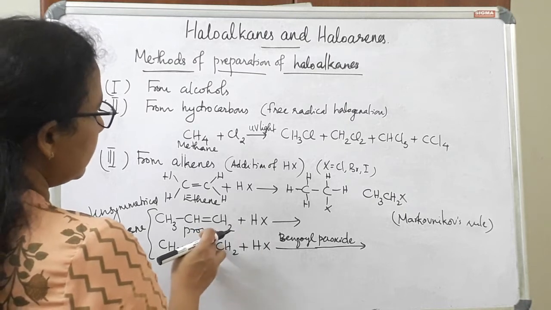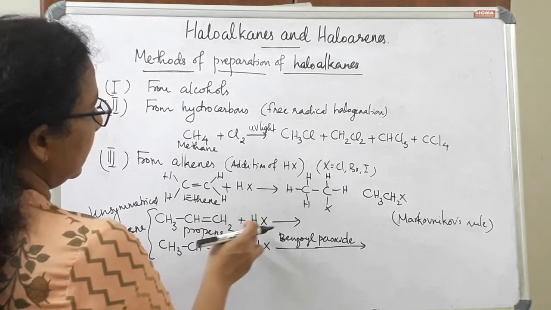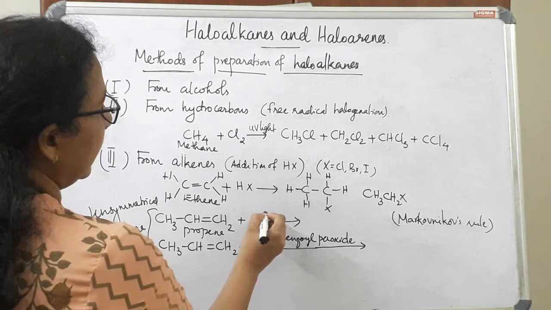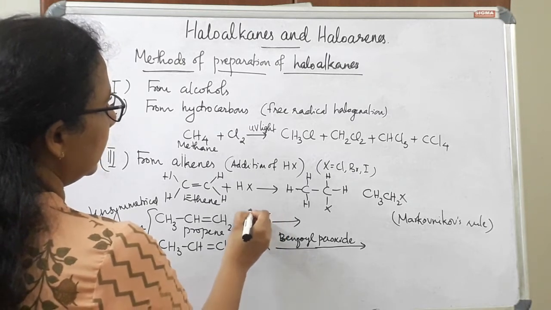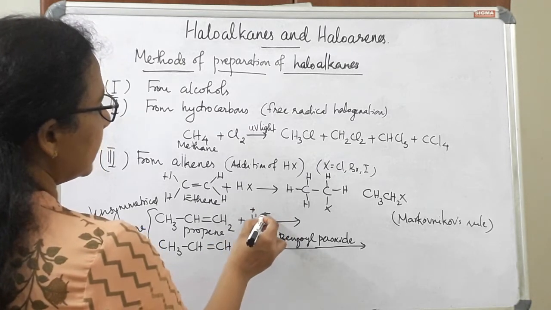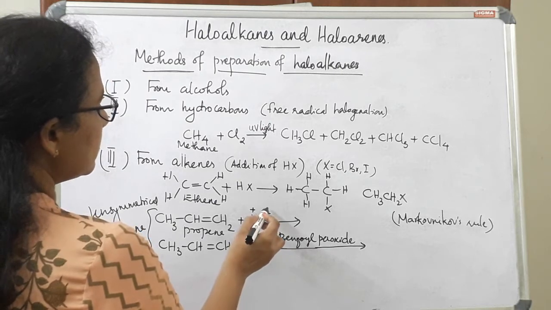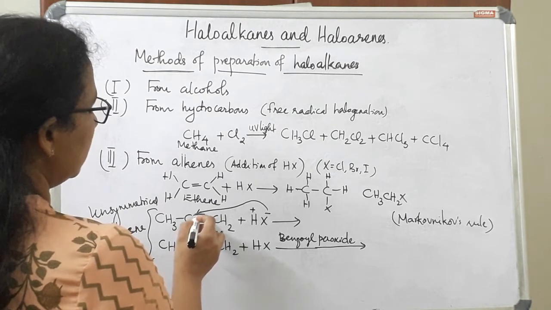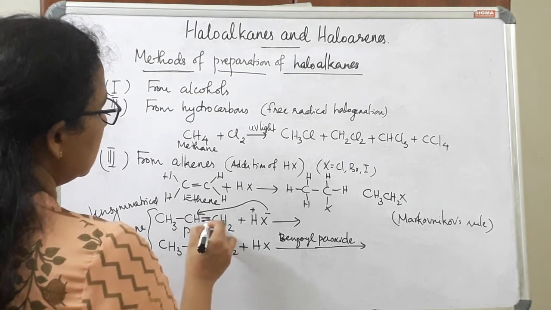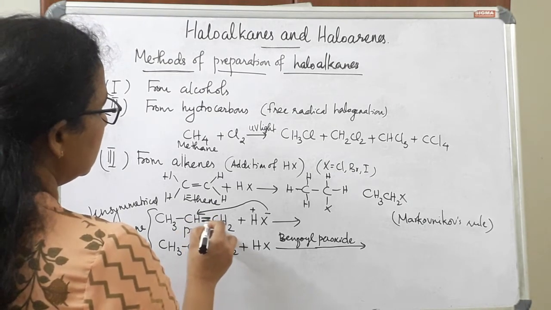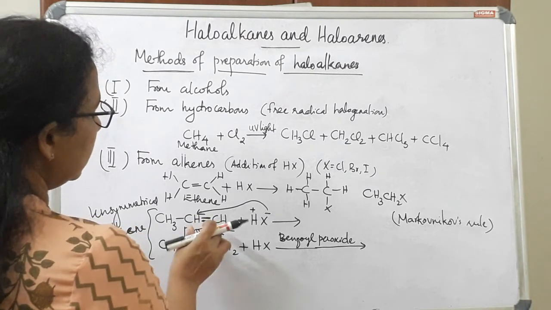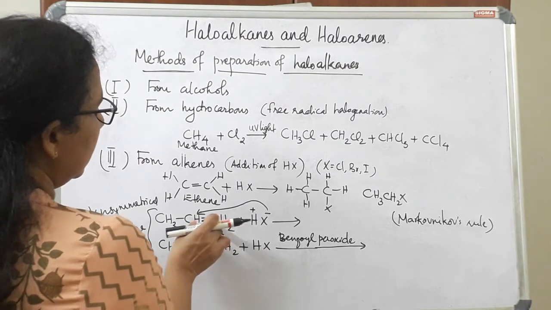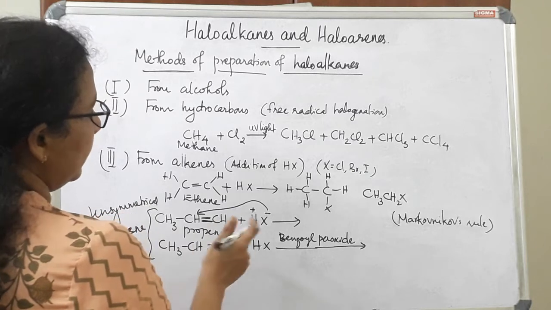So if unsymmetrical alkene is there, the negative part of the addendum, here this is the negative part and this is the positive part, the negative part of the addendum goes to the carbon containing less number of hydrogen atoms. So here this is the alkene part, or this is carbon-carbon double bond. The addition should take place in these two carbon atoms.